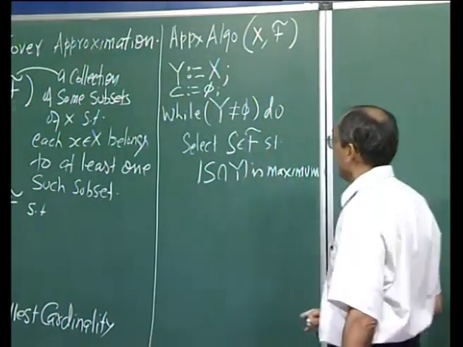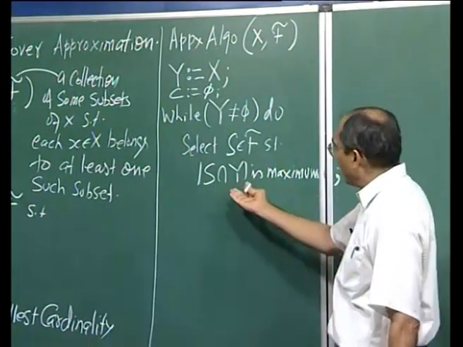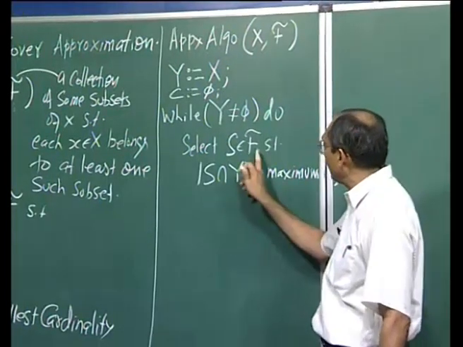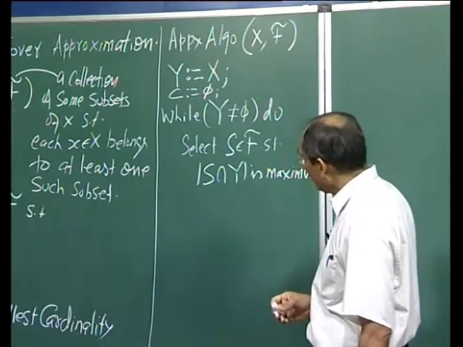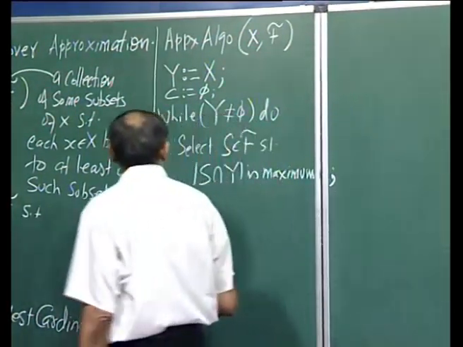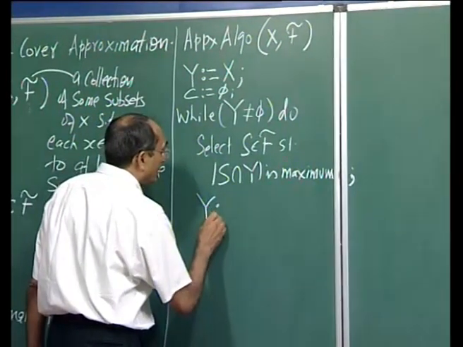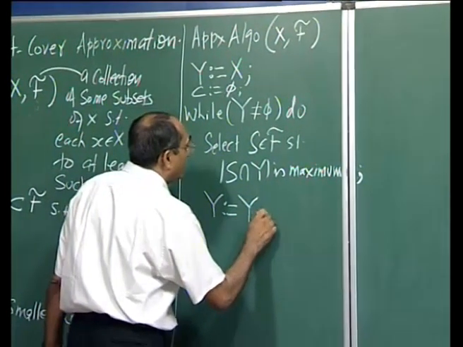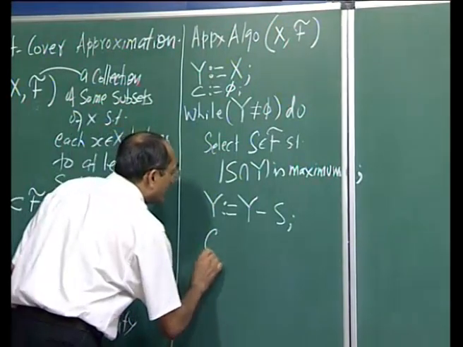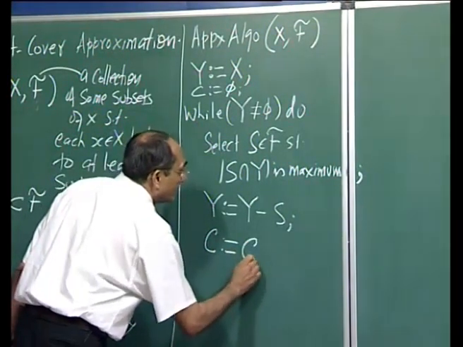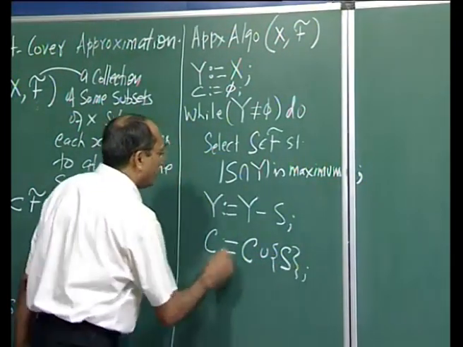Initially, of course, everybody is not covered. So, we pick that set from F which gives me maximum mileage in covering the elements not covered yet, and then we remove them from Y. So, Y is Y minus S, and we put that set in the cover.